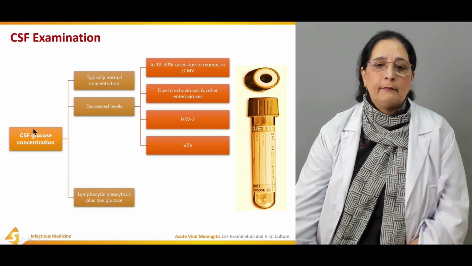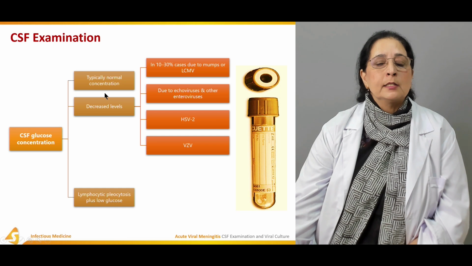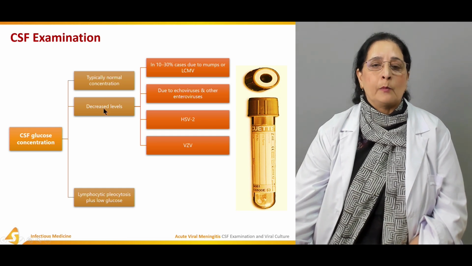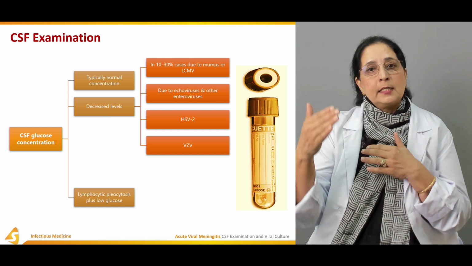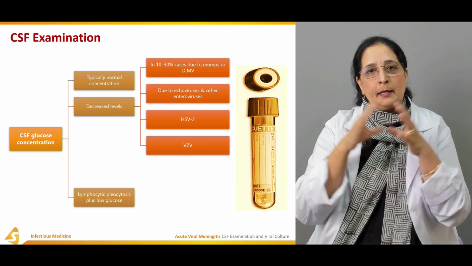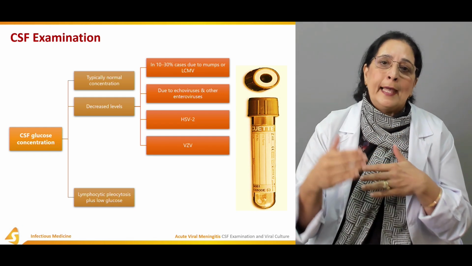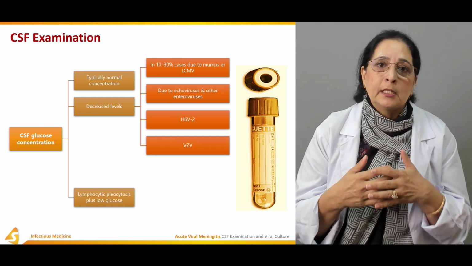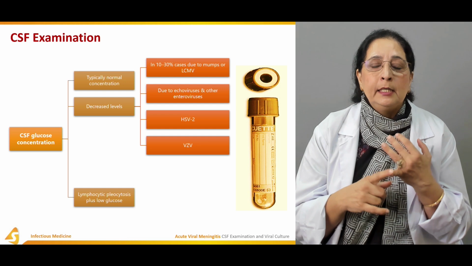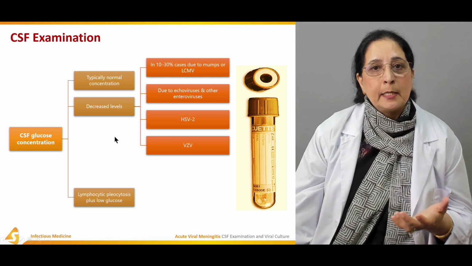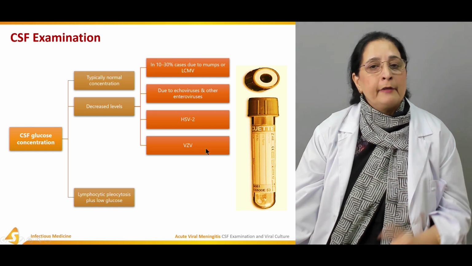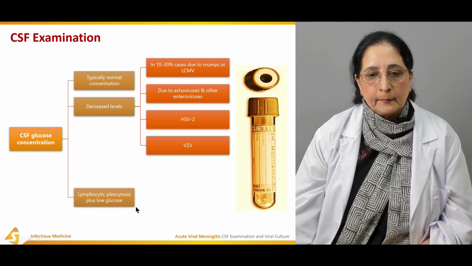So typically the concentration of glucose is normal. But if the level of glucose is low, that gives us a rough idea of what viruses can be associated with this. It can be mumps and LCMV, herpes simplex type 2, or varicella-zoster virus.